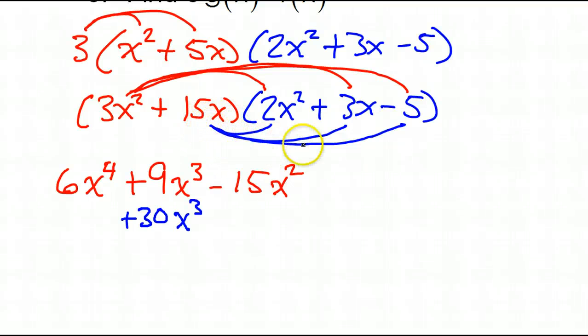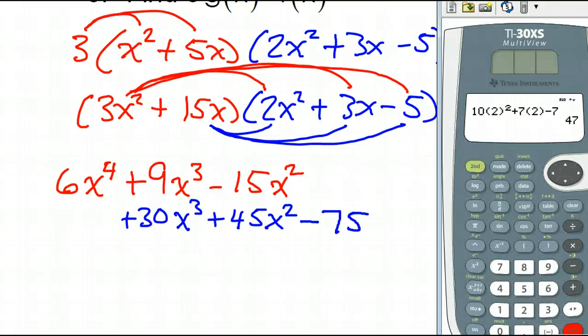So 15x times 3x. 15 times 3 is 45. Okay, and x times x is x squared. So that goes with this like term. So 45x squared. And then 15x times negative 5. Well, 15 times negative 5, let me think. That's negative 75.